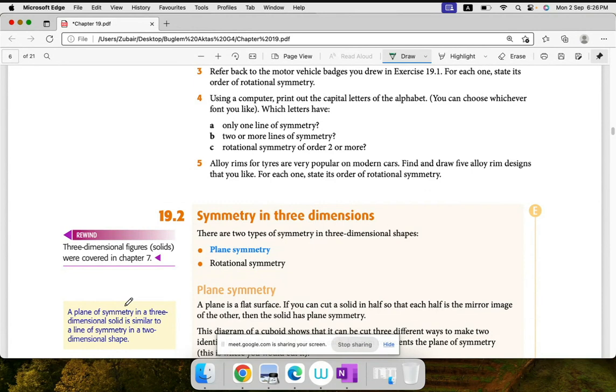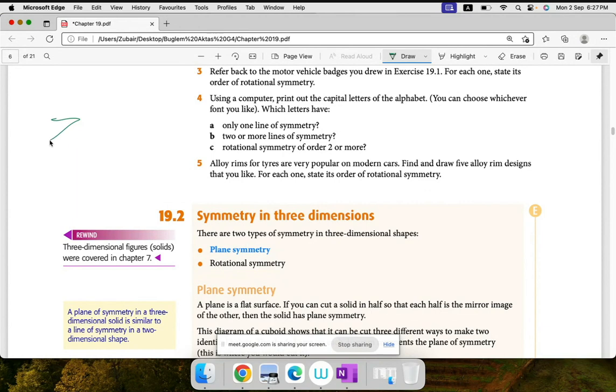Capital T has one. Capital W has one. How many lines of symmetry does M have? M also has 1. Z is also one, yes. Oh, no, not three, one only. Z has zero lines of symmetry.